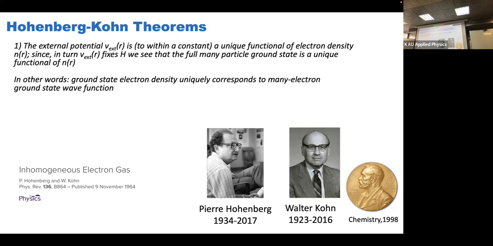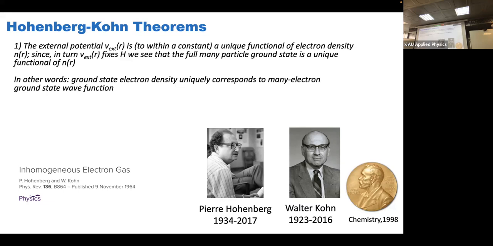So if we have some electron density of the lowest energy, the ground state energy of some system, we can say that only one wave function can create this electron density.